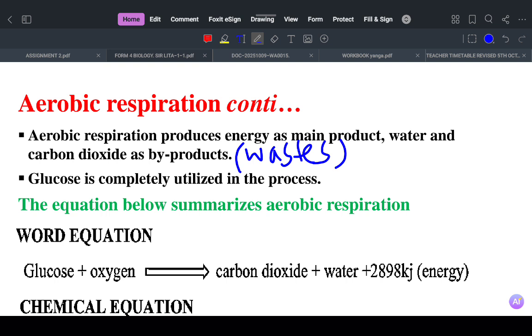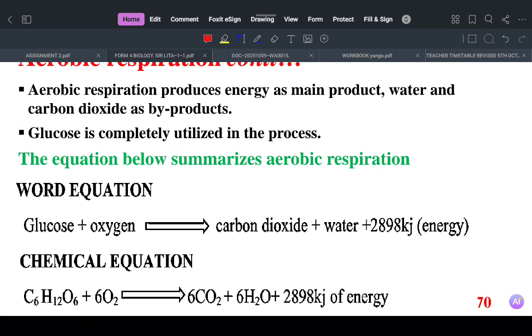They are byproducts. All right, so during the process of aerobic respiration, take note, glucose and oxygen react in your body cells to produce carbon dioxide, water, and a huge amount of energy, approximately 2,898 kilojoules.